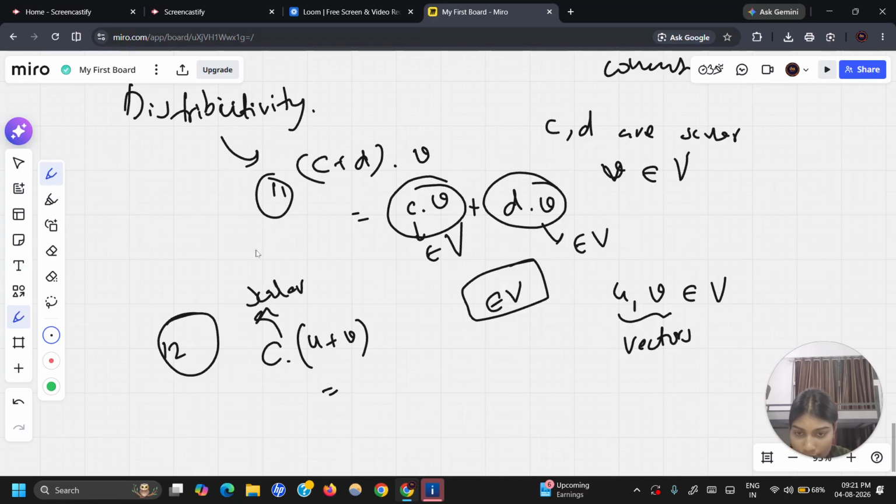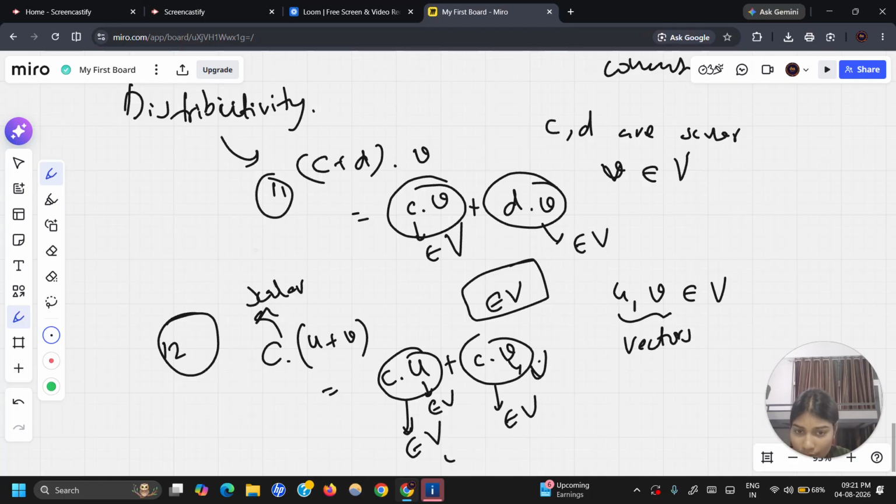So when it is multiplied, then it becomes C into U plus C into V. Since this belongs to V and this also belongs to vector space V, the whole thing belongs to vector space V, and here also the whole thing belongs to vector space. So undoubtedly the addition of this belongs to vector space V. Okay, that's it.